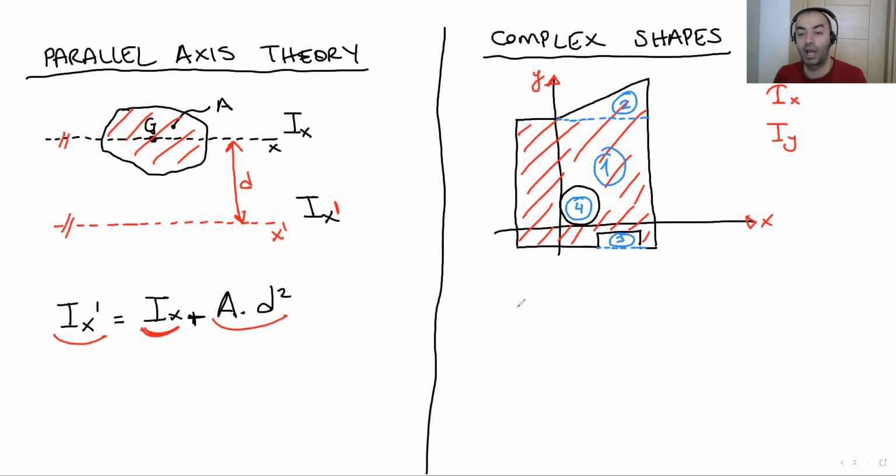If I have a missing part on the section, a hole, an opening, whatever, where I don't have any material, I remove it from the total. I remove the moment of inertia of this circle in the middle. I take it out. So this is the logic behind the complex shapes.